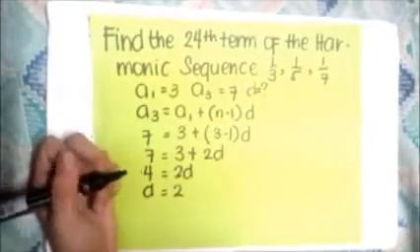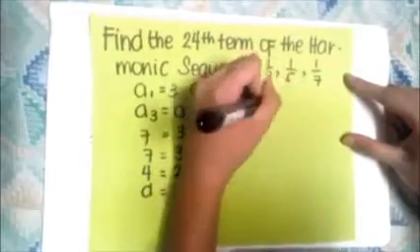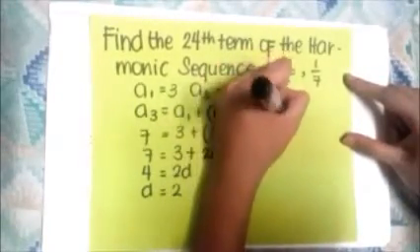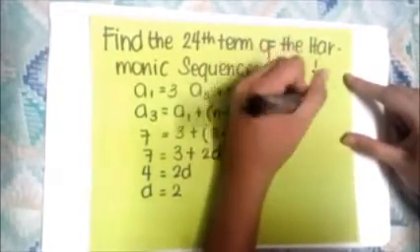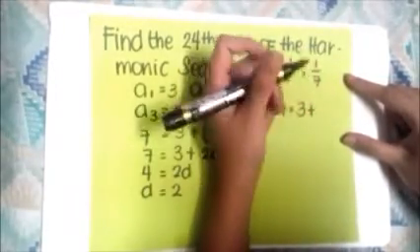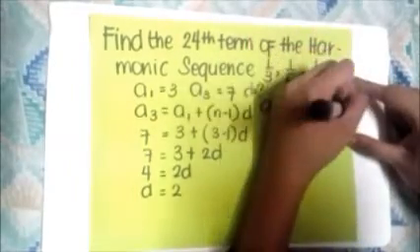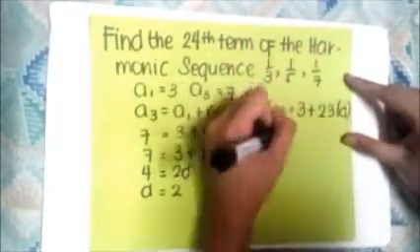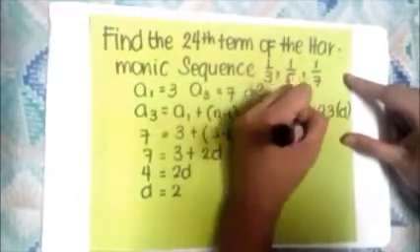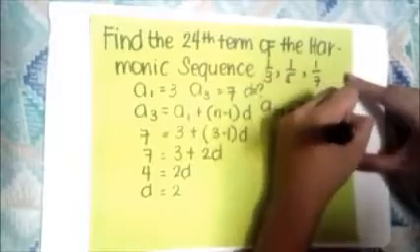Now, what about when solving the 24th term? We're using a sub 24 is equal to a sub 1 plus 23d. So we have 3 plus 23 times 2.